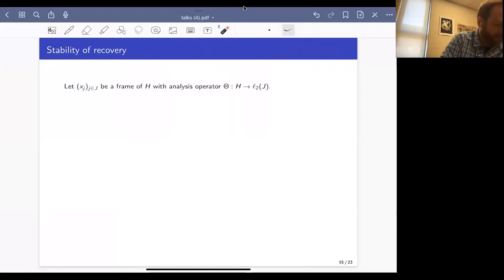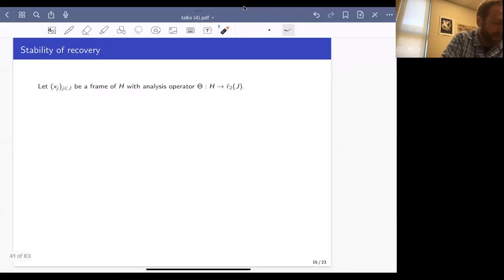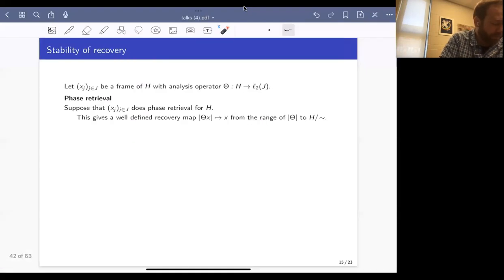Let's talk about stability of recovery real quick. So I have a frame with an analysis operator. Suppose it does phase retrieval, that means that if I look at the absolute value of the frame coefficients, then that's invertible.